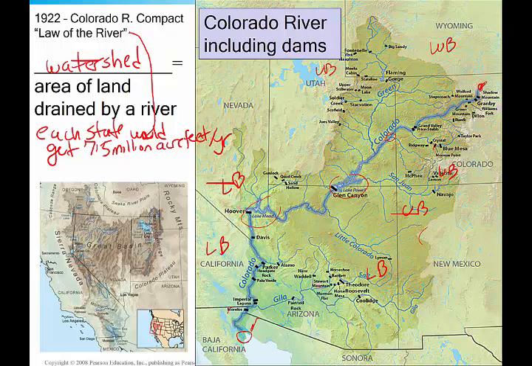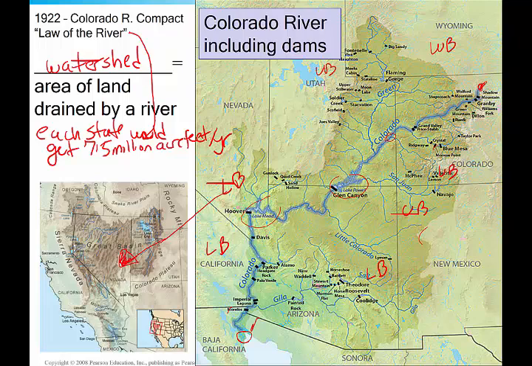So instead, what the people of Las Vegas said is, well, if you don't let us use water from the river, we are going to go to the Great Basin, and we're going to put wells into the ground and pump water out of the Great Basin. Now, the Great Basin is an environmentally sensitive area, and by pumping groundwater, you could affect it adversely.